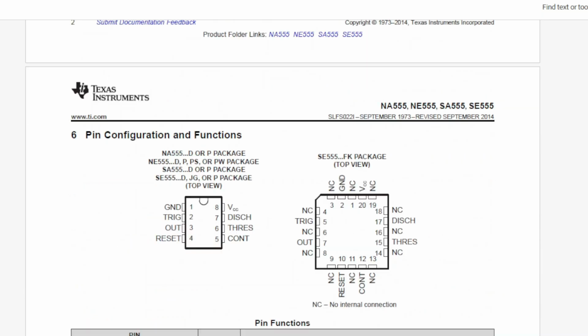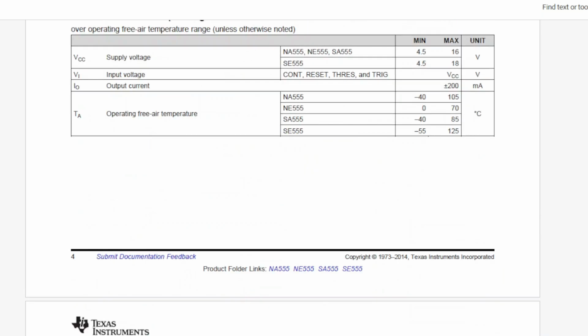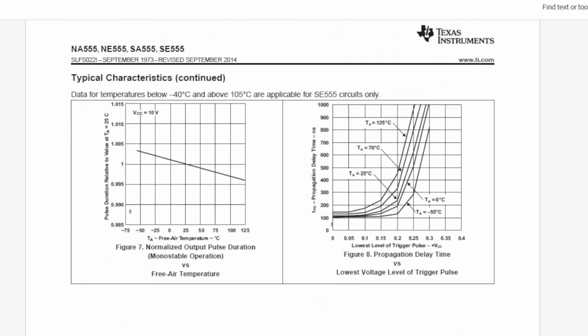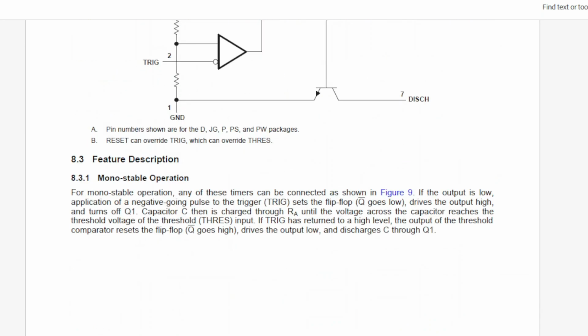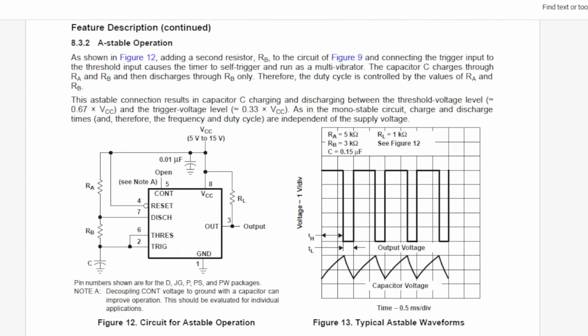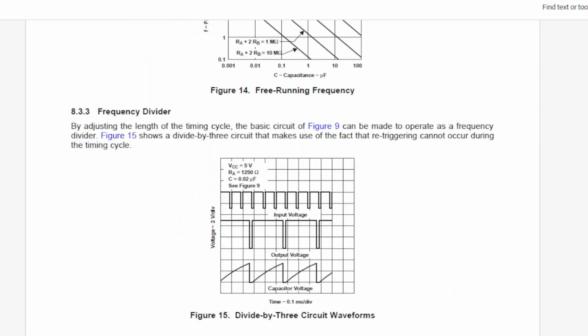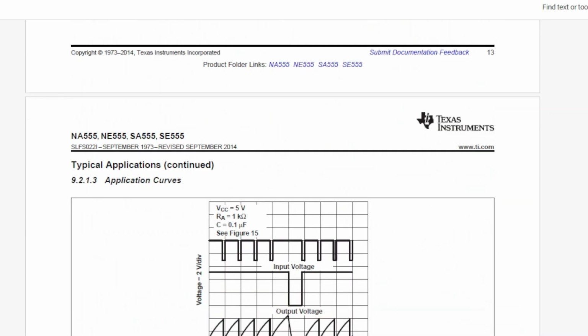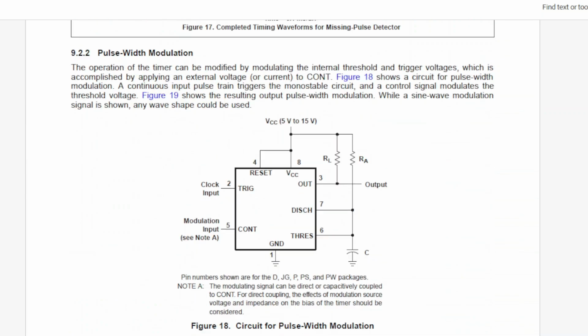And if we zoom down, wow, whizzing down fast here now, past the different versions of it, and eventually we will come to pulse width modulation.